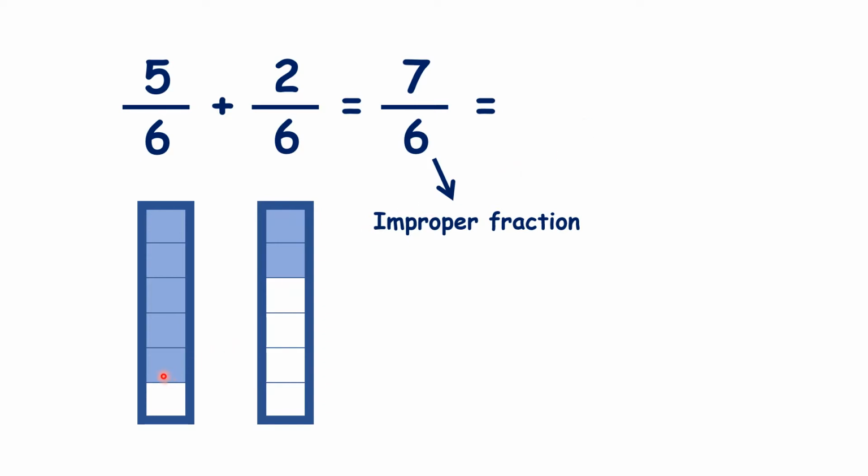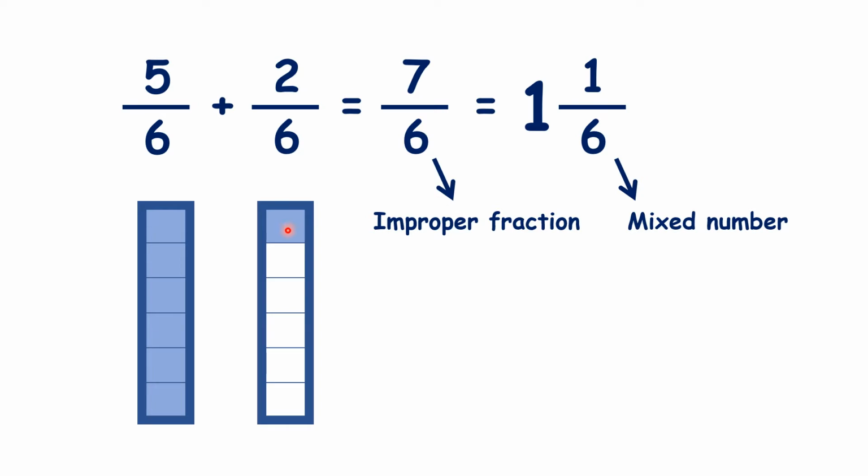Well, we can make one whole by moving 1/6 to this first rectangle. So then you can see as a mixed number we have 1 and 1/6. And if you know that 7 divided by 6 is 1 remainder 1, it's easy to work out our mixed number.